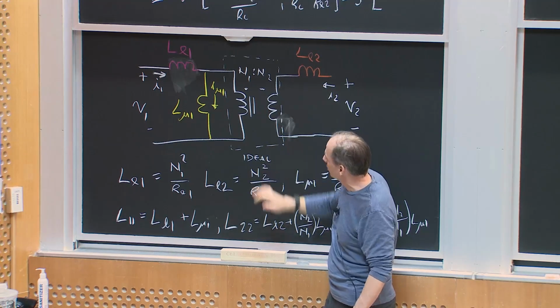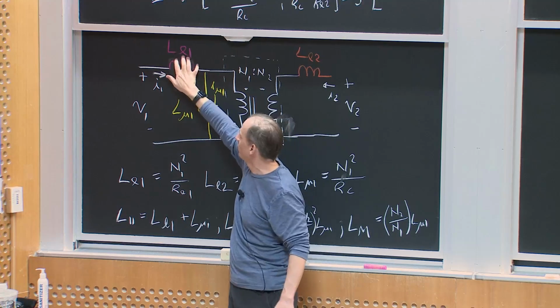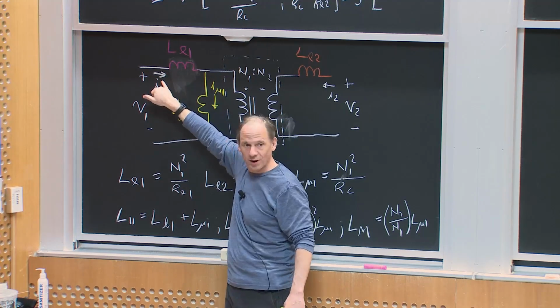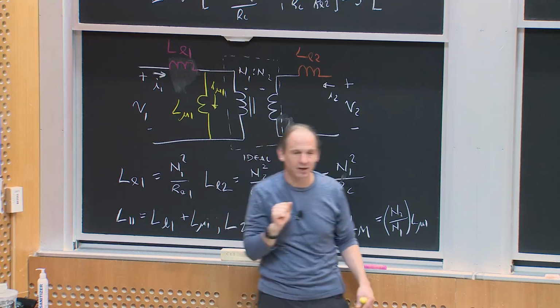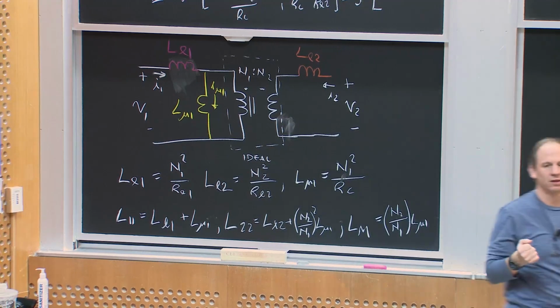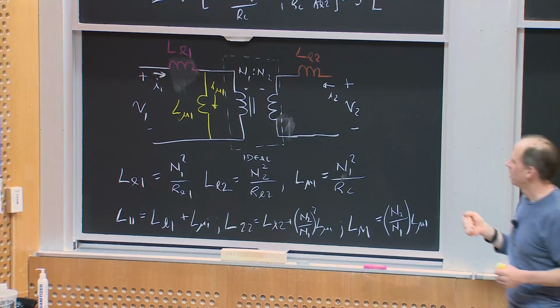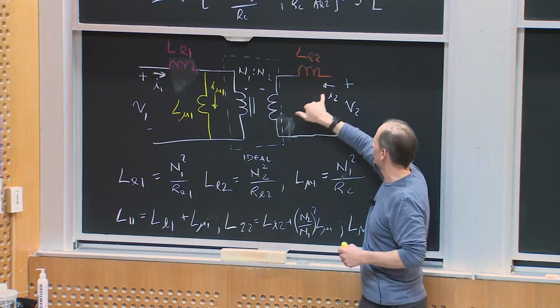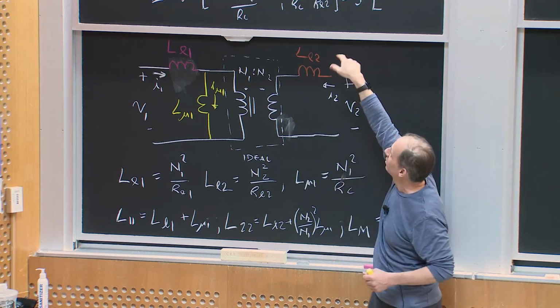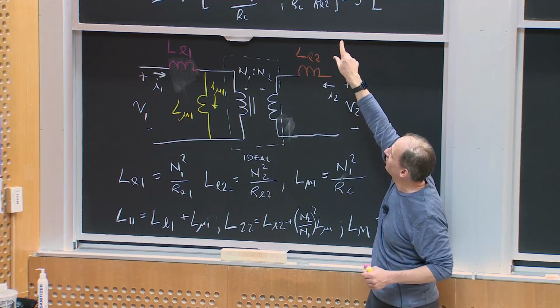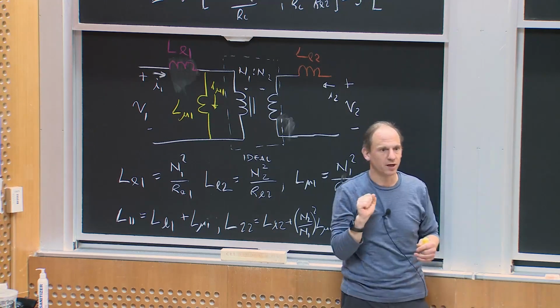Basically, 1/2 L leakage 1 I1 squared is precisely the energy stored in space by the magnetic field associated with leakage flux 1. And likewise, 1/2 L leakage 2 I2 squared is precisely the energy stored out in space of fields that link winding 2 but do not link winding 1.